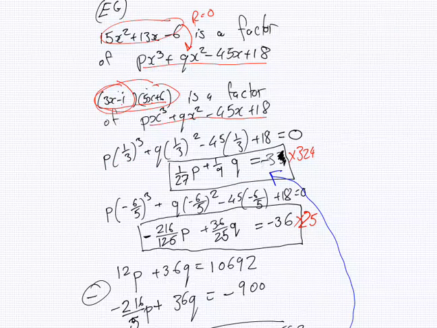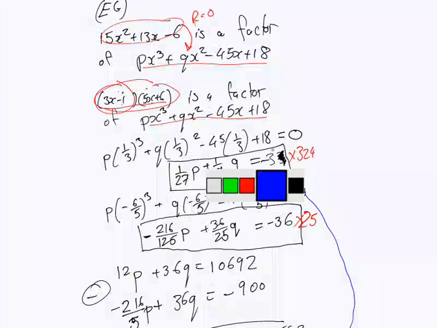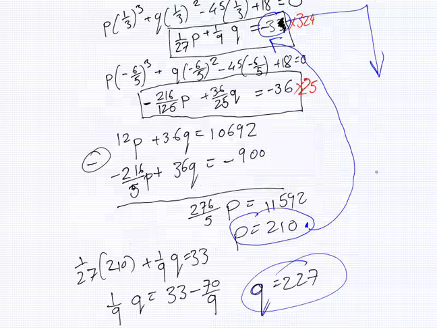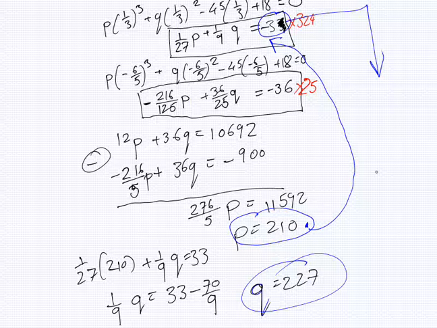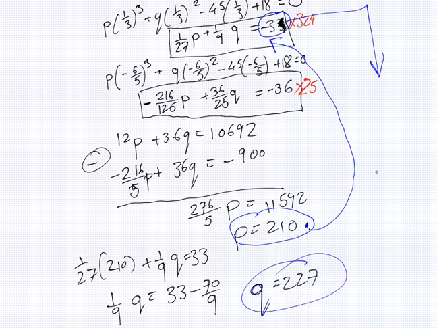So that's a minus on the left, a plus on the right. Mistake? 125, thank you. So I think this will then equal minus 36. So they are not pretty.